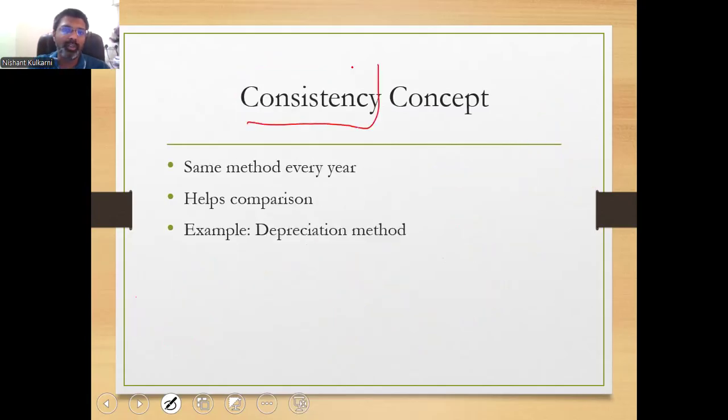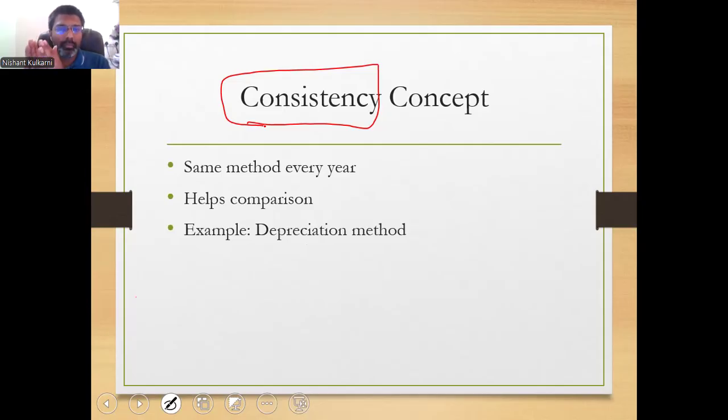Consistency. Now there are various methods in accounting. In each of the things, accounting gives you a choice that either you go by this method or you go by this method. But when the transaction takes place for the first time, when your business starts, you take the decision, okay, I will go by any one method.